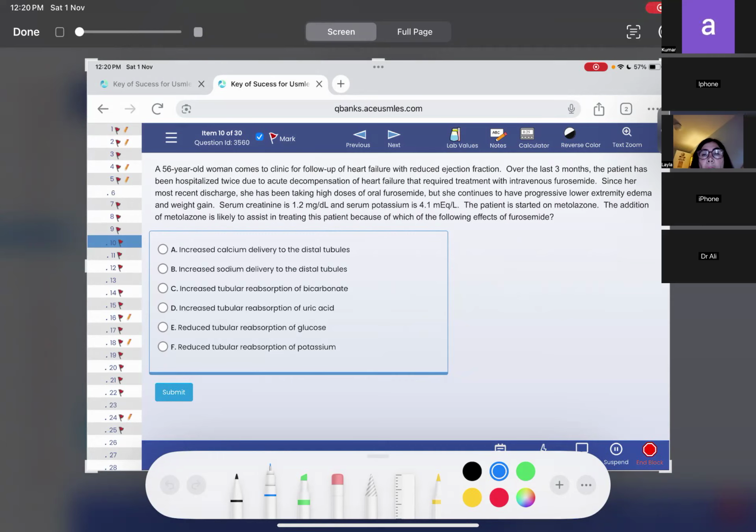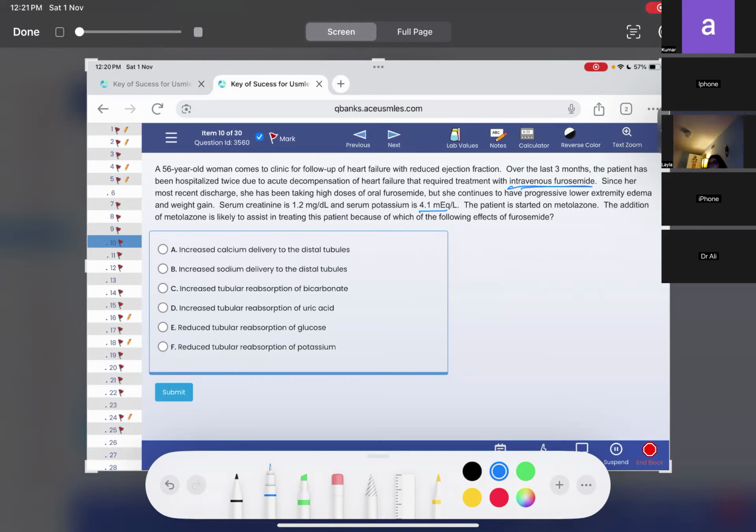Since her most recent discharge, she has been taking high doses of oral furosemide, but she continues to have progressive lower extremity edema and weight gain. Serum creatinine is 1.2 and serum potassium is 4.1. The patient is started on metolazone. The addition of metolazone is likely to assist in treating this patient because of which of the following effects of furosemide?